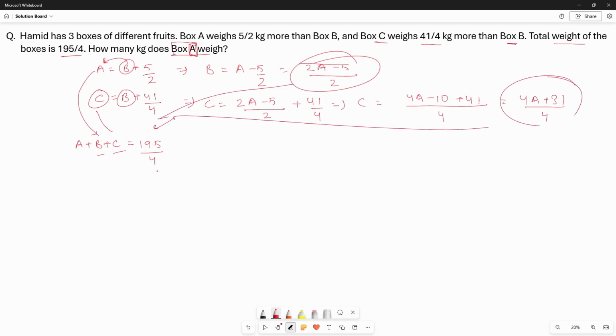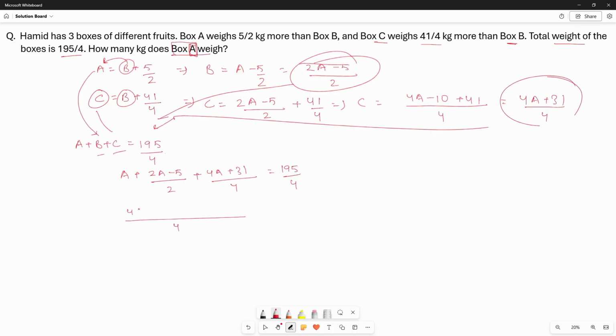Okay, so we can write it as A plus B, which is 2A minus 5 over 2, plus C, which is 4A plus 31 over 4, and this is equal to 195 over 4, or we can take the LCM 4.